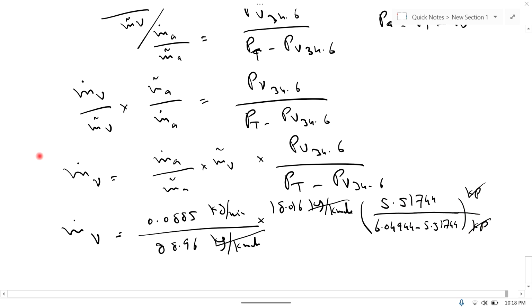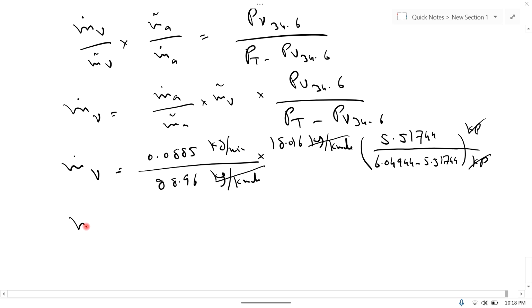Now simplify this value, the mass flow rate of vapor at 34.6 degree centigrade. This is a simple calculation.